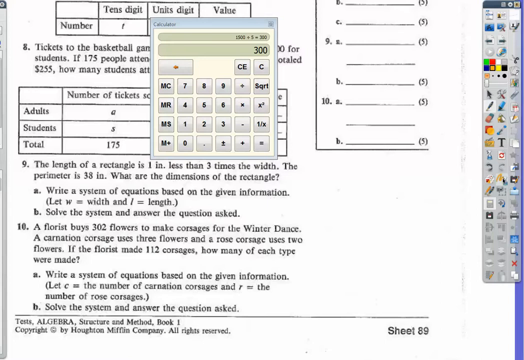Alright, so we know that the carnation has 3, and the rose has 2, and that has a total of 302 flowers. We also know that the number of carnation corsages plus the number of rose corsages is equal to 112.